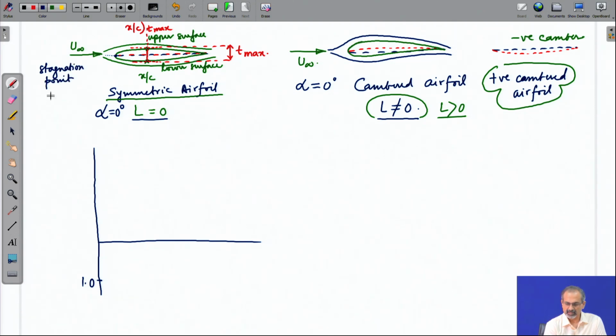What does that mean? It is where the local velocity becomes 0. We discussed it in the context of the pitot-static tube in a previous lecture. We had talked about a stagnation streamline and a stagnation point at the end of the orifice, which was facing the flow directly. So, the leading edge of this airfoil has a similar stagnation point where the flow goes to 0 velocity.